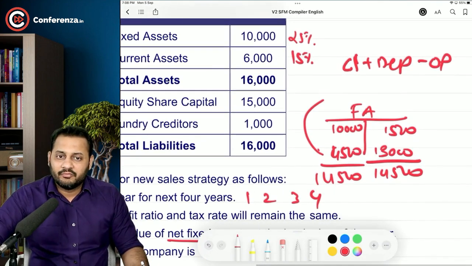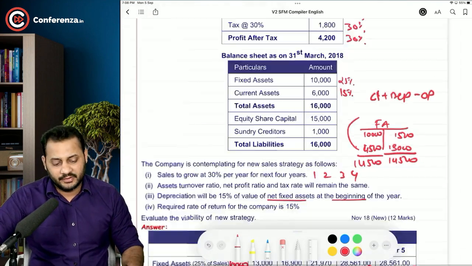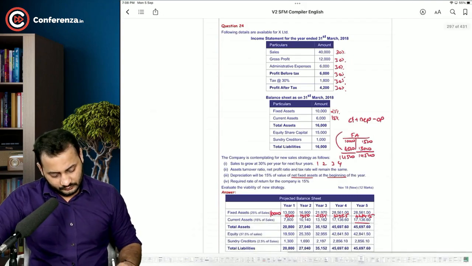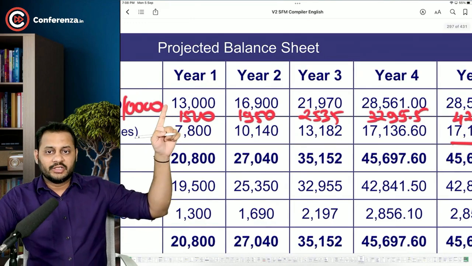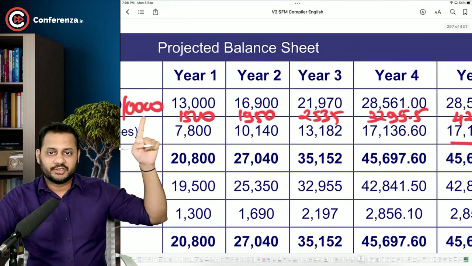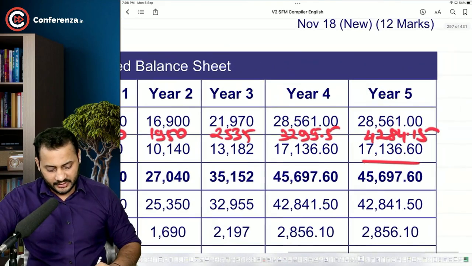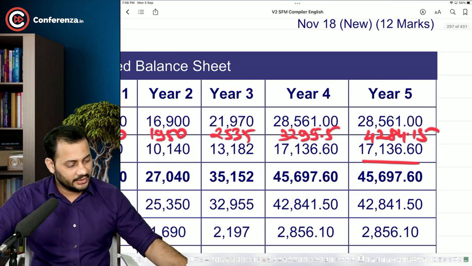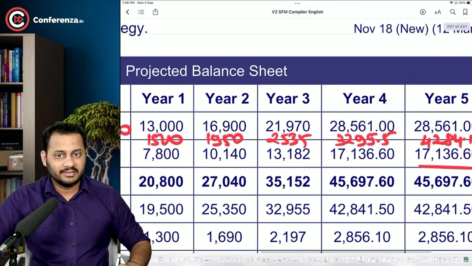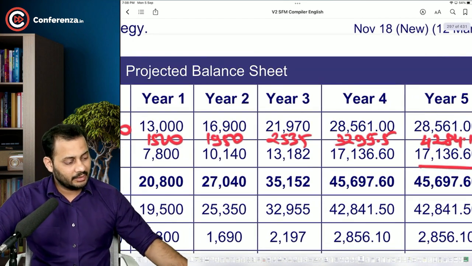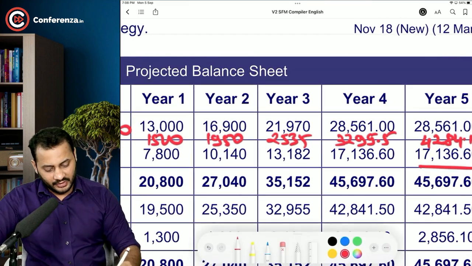You have to do it at every point to calculate the capital expenditure. Have a look. So closing balance 13,000 plus depreciation minus opening balance will give you the capital expenditure. Here also 16,900 plus 1,950 minus 13,000 will give us the capital expenditure, which comes to 5,850.